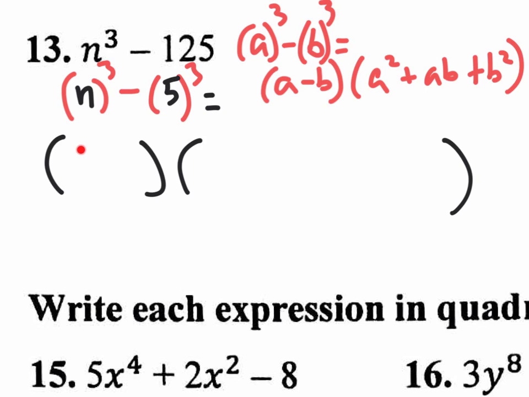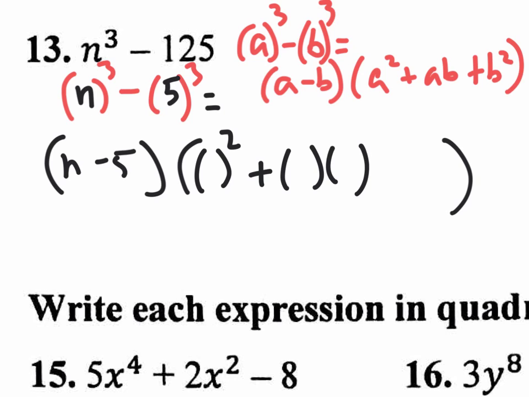So your binomial that goes right here is going to be the exact binomial without the cubes, which is n minus 5. Your trinomial is a little bit more challenging. I recommend you use parentheses. So as you go along and go a squared, ab, b squared, use parentheses. So instead of a squared, go parentheses squared plus ab plus parentheses b squared.